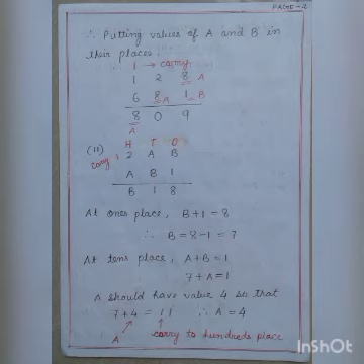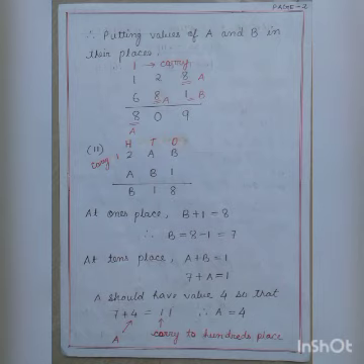So at tens place, a plus b is 11. That means a plus 7 should be equal to 11 and 1 will be carried to hundreds place. Now 7 plus 4 is 11 and 1 is carried to hundreds place.